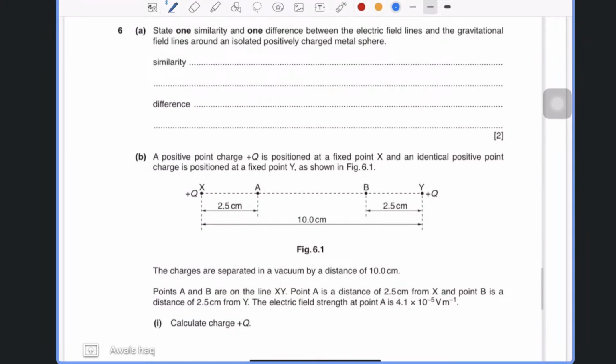Forgotten already? And the difference, you can write the law, you can write the formula, you can write any difference that I put in the table, and that would score you some marks. All right, is it clear, everyone?